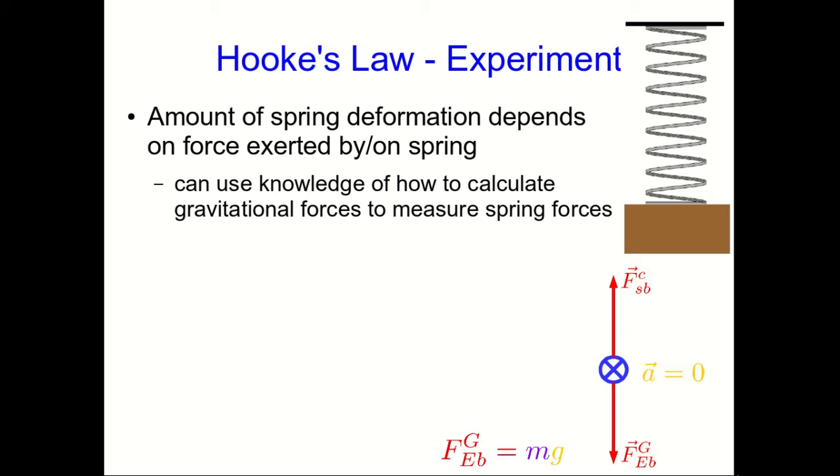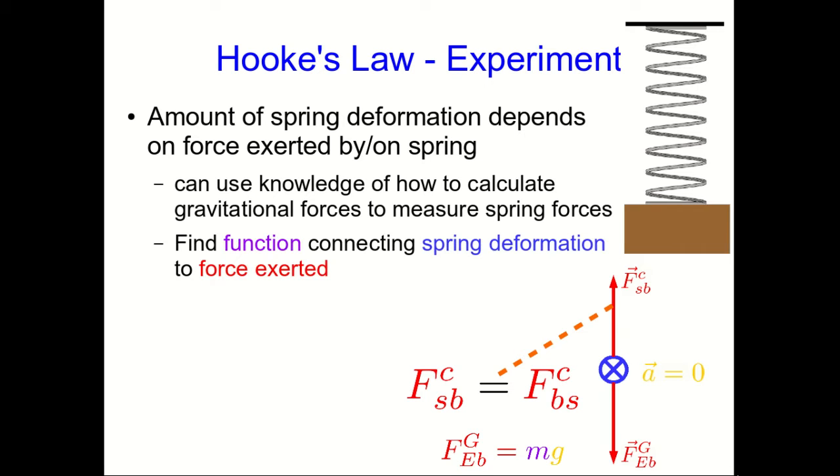And we know how to calculate that gravitational force, and so that's just given us an indirect measurement of the force that the spring is exerting on the brick, which is again equal in magnitude to the force that the brick is exerting on the spring.